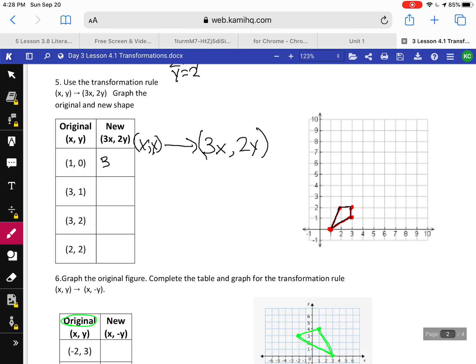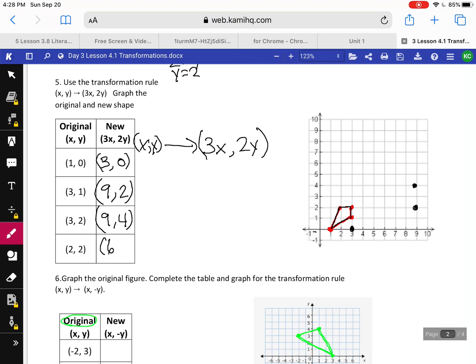So we're going to look at 3 times 1, 2 times 0: 3, 0. Then 3 times 3, 2 times 2: over 9, up 2... over 9, up 4.